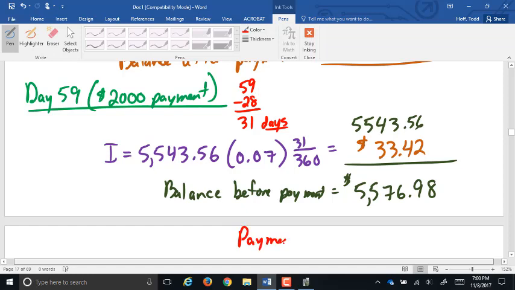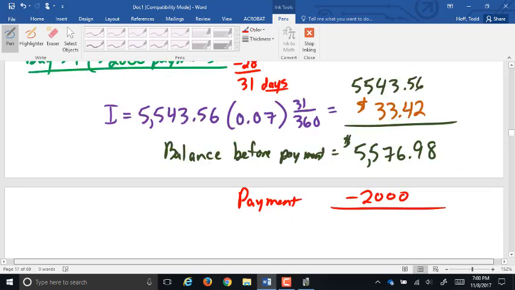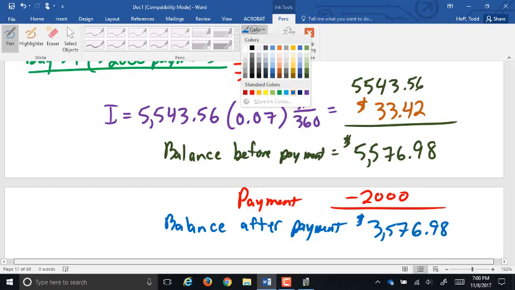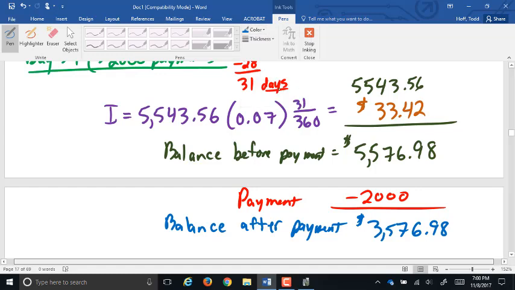The payment of $2,000. So that gives us a balance. Perfect. The balance after the payment of $3,576.98.